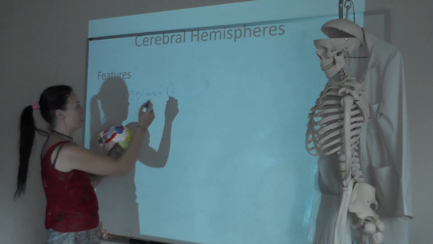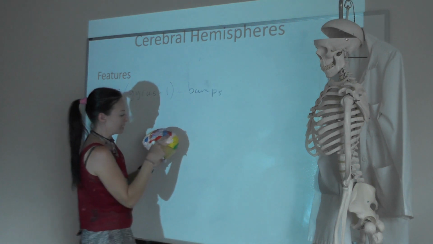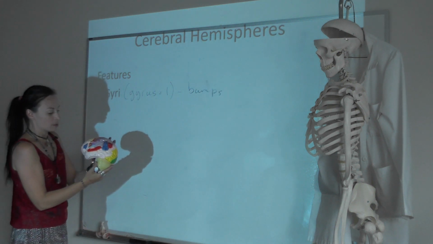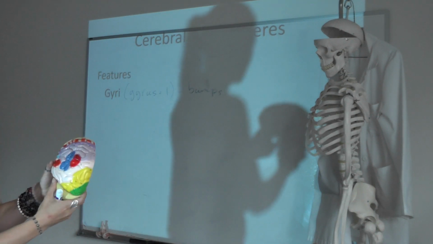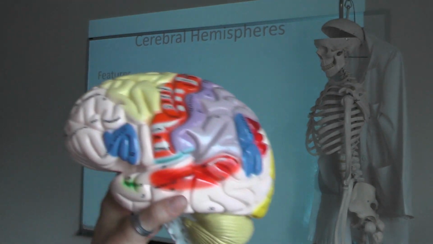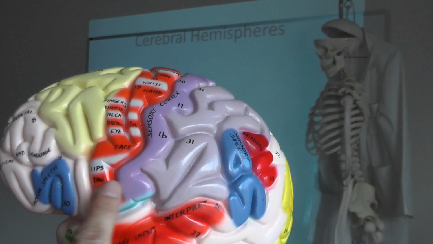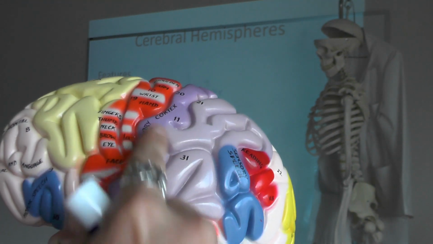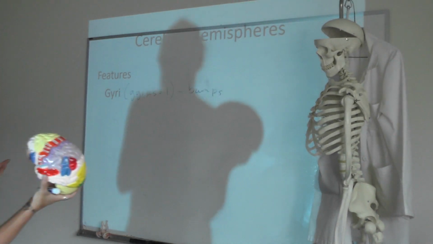And these are the bumps or the raised regions. We'll really only be focusing on 2 specific gyri, the precentral gyrus and the postcentral gyrus. What am I talking about? Precentral, postcentral. We'll talk about that right now.